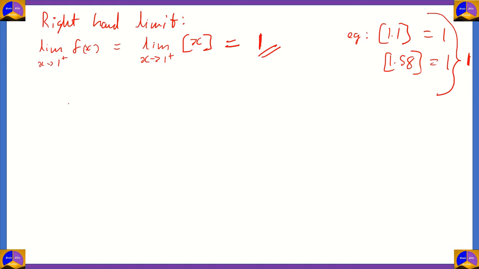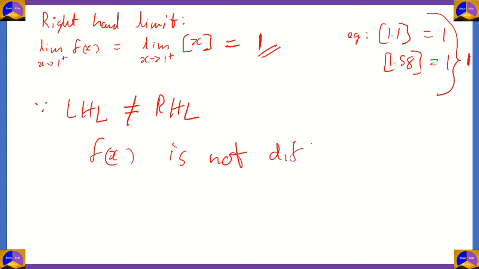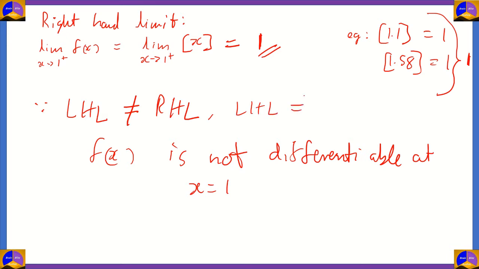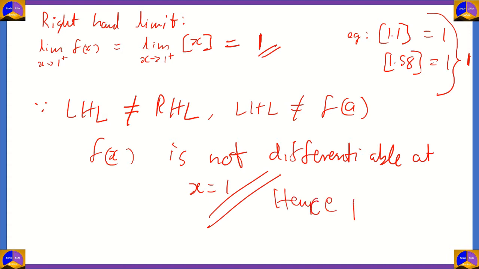So as you can see, the left-hand limit, or the LHL, is not equal to the right-hand limit, the RHL. So therefore, f(x) is not differentiable at x equals 1. So LHL is not equal to the RHL, and the LHL is not equal to f(1). So therefore, f(x) is not differentiable at x equals 1, hence proved.